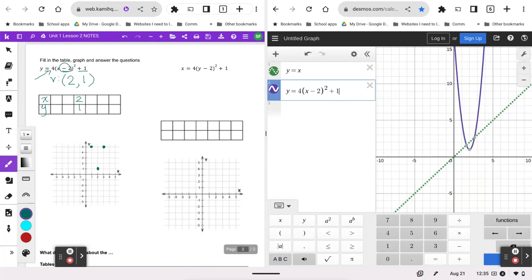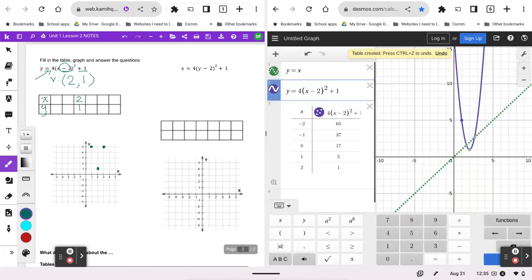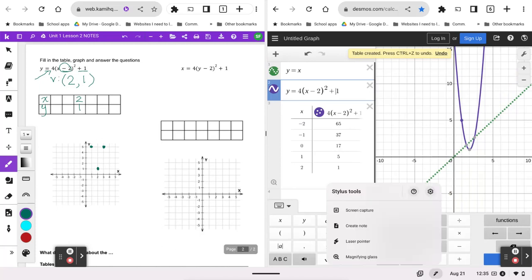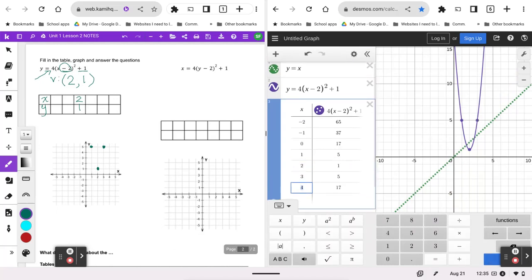And get our table. We can see 2, 1 is going to be our vertex here. So 2, 1. And I want at least 3 more on the other side of it. So I'm going to click on that 2 and just hit the return 3 times.